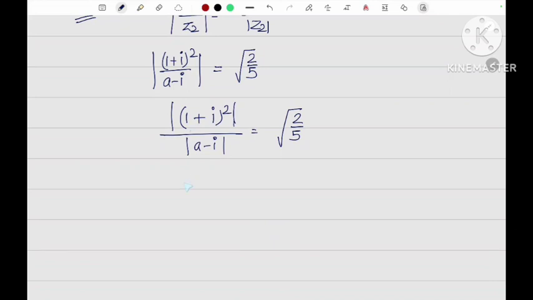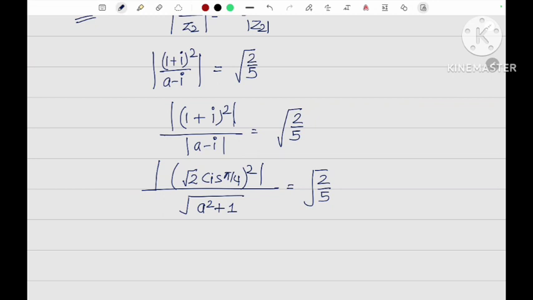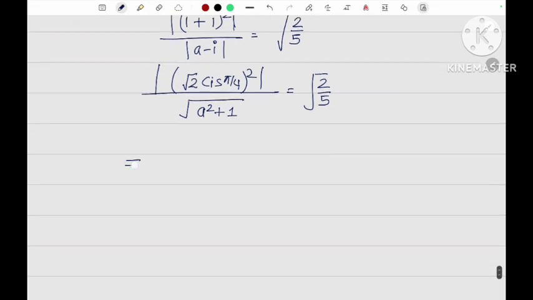1 plus i is nothing but root 2 cis pi by 4, squared, mod, divided by mod of a minus i, which is under root a square plus 1, is equal to root 2 by 5.